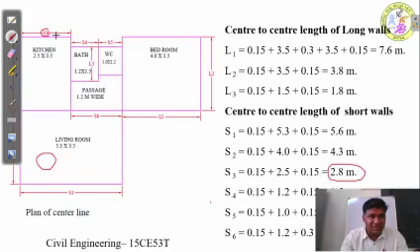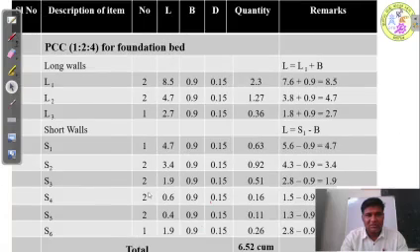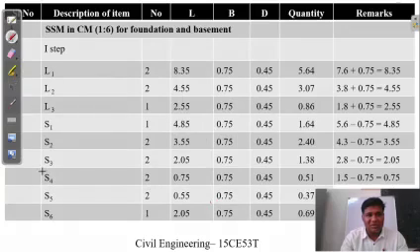How many numbers of wall are there? Two numbers, and the center distance is 2.8. So in sandstone masonry, the wall S3 has two numbers, central line distance 2.8.